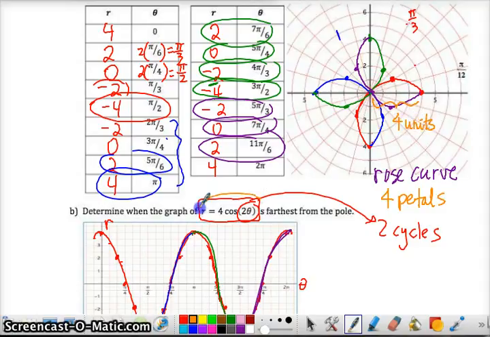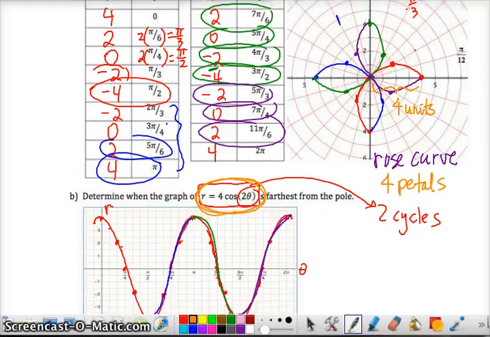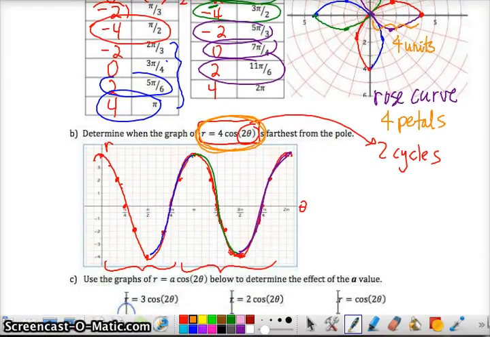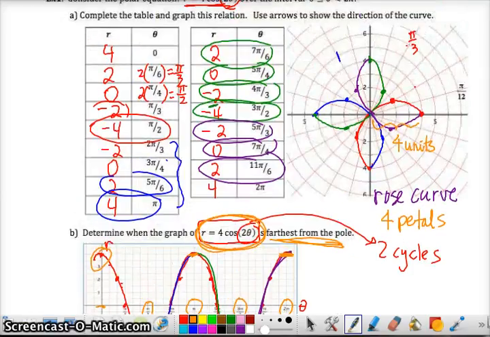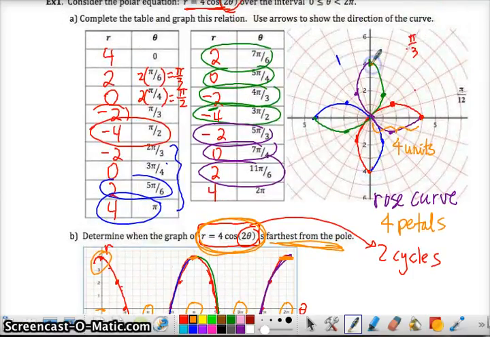Now, how does that relate to this original function? Right? So it says determine where the graph is farthest from the pole. So it's farthest from the pole at 2 pi, at pi, and at 0, or it's farthest from the pole at pi over 2 and 3 pi over 2. So that is when it is farthest from the pole.